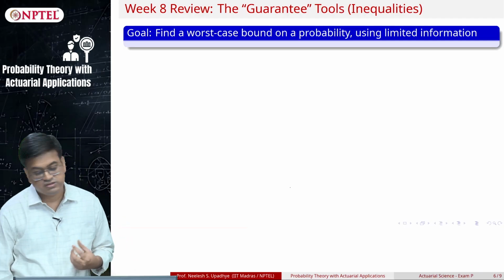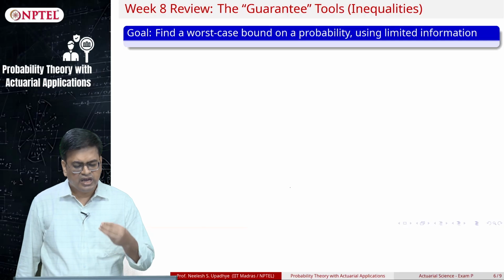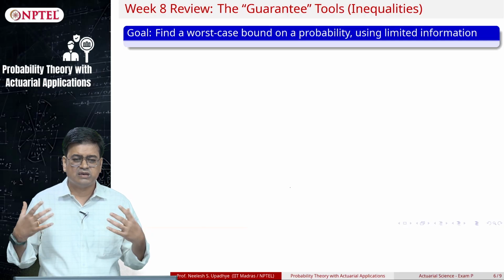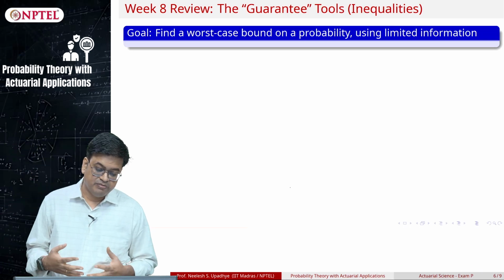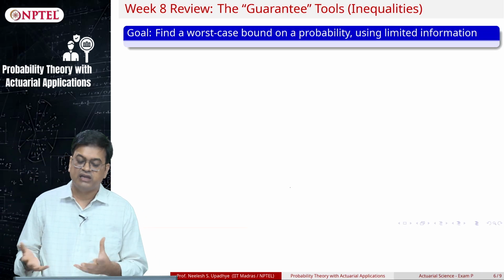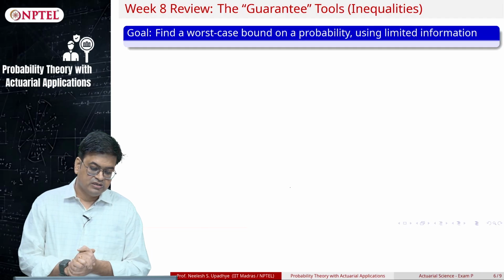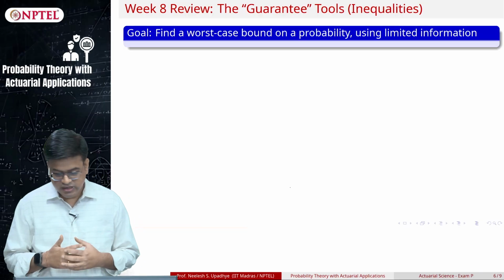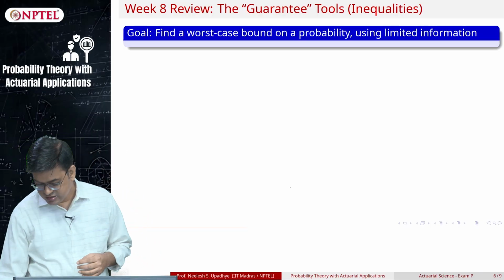So, this is the tool that we studied in week 8, where we actually wanted to have some quantification of probability, and maybe it can be a worst bound, but I should have that bound. That is where I have a global picture. So, we pondered on that and we derived a few important inequalities.